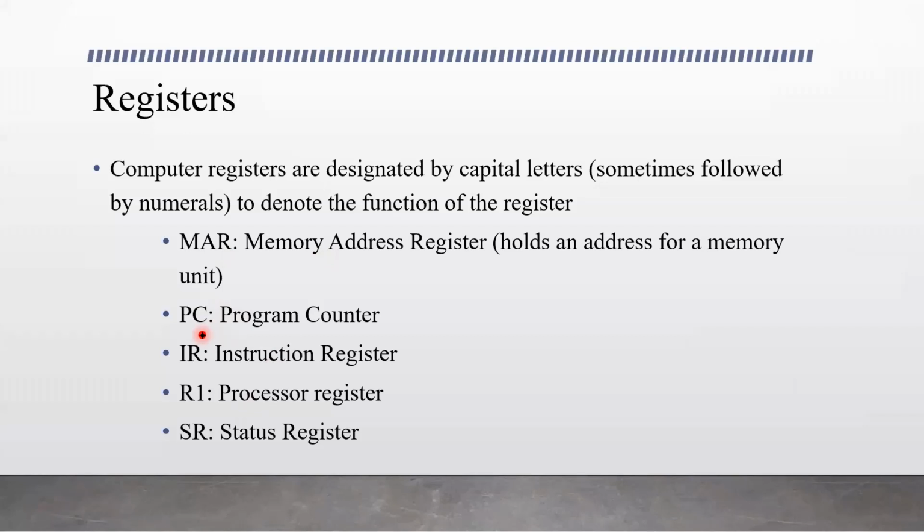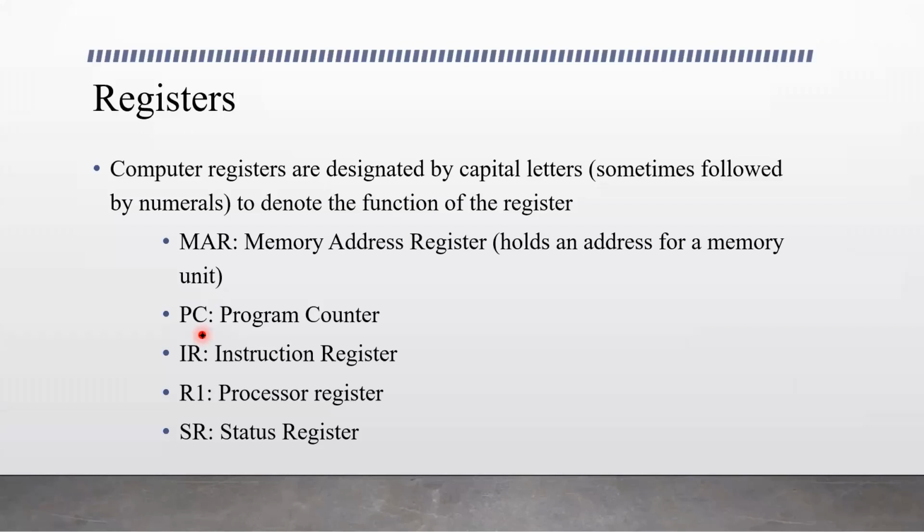It is also called the instruction pointer because when a particular instruction is being executed, it points to the next instruction so that execution happens in continuous order. It is a register that keeps track of the execution of instructions one by one.